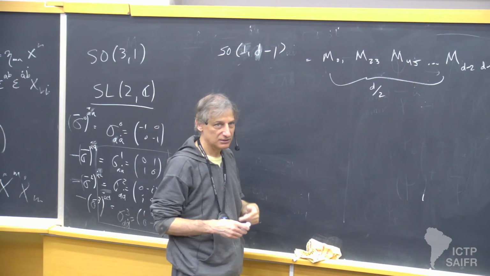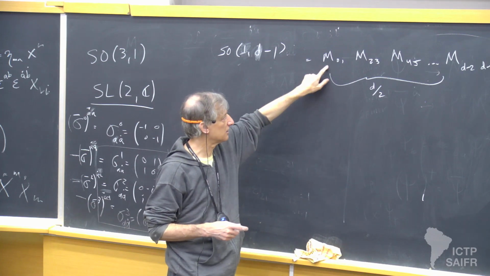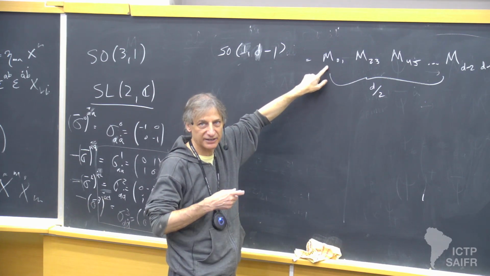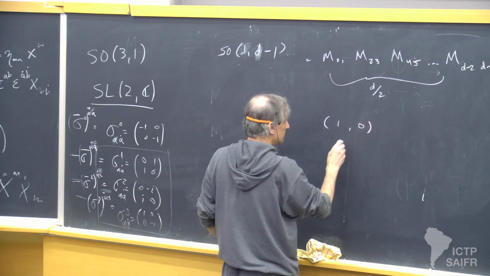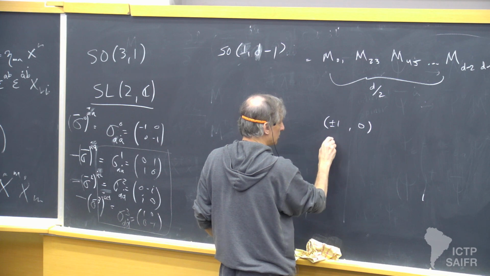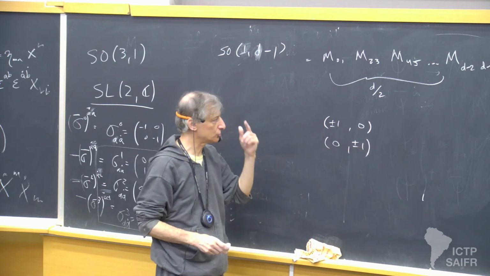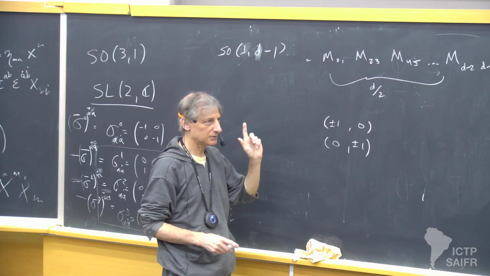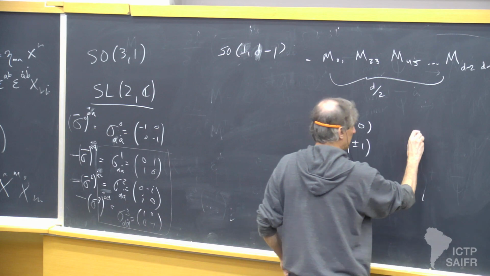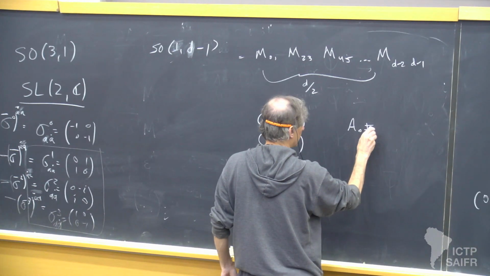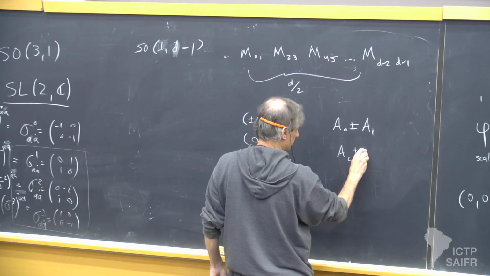In 4 dimensions, if I do a boost in the x direction, it has charges equal to plus or minus 1, 0, or 0, plus or minus 1. You can think of this as circular polarization, so this would be something like A0 plus or minus A1, and this would be A2 plus or minus i A3.